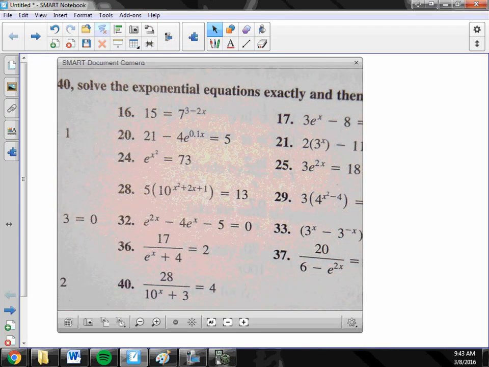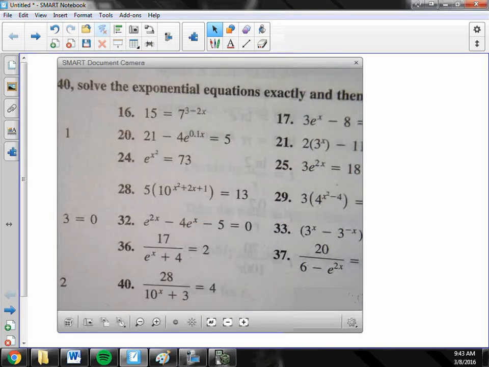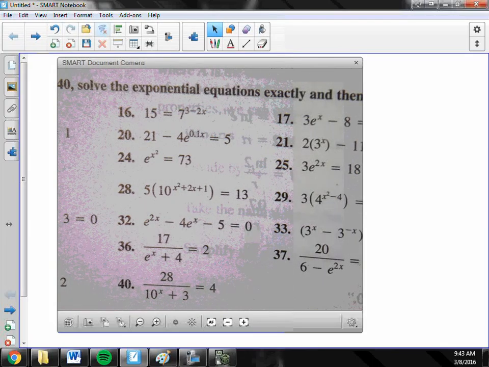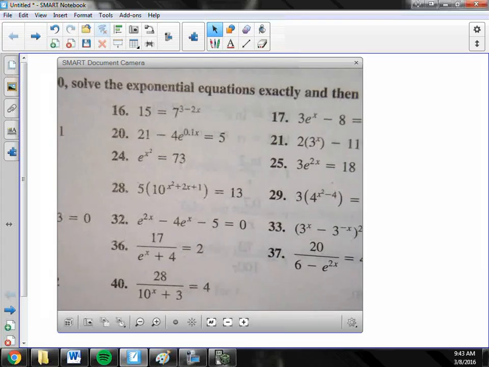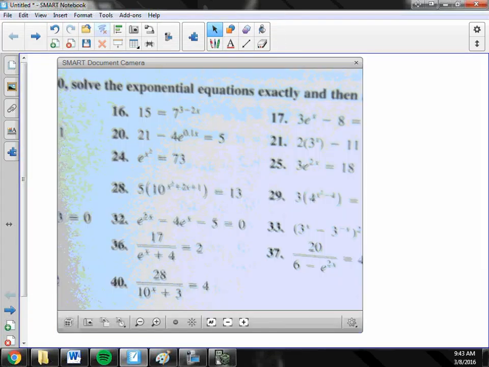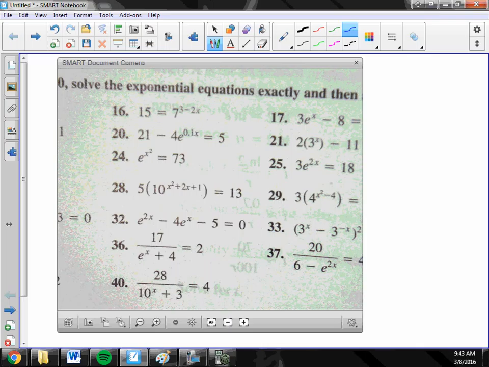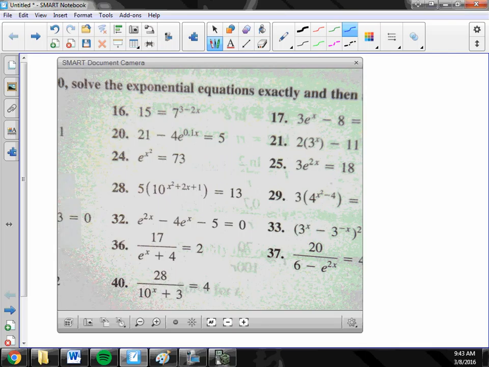Okay, I want to do one. Okay, let's do number 20. What would we do for 20? Subtract 21.